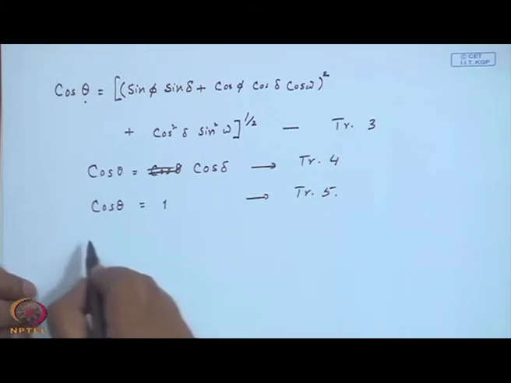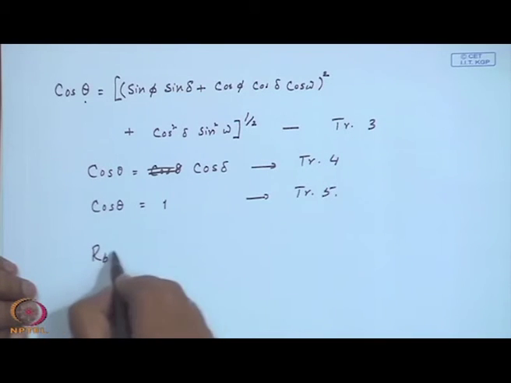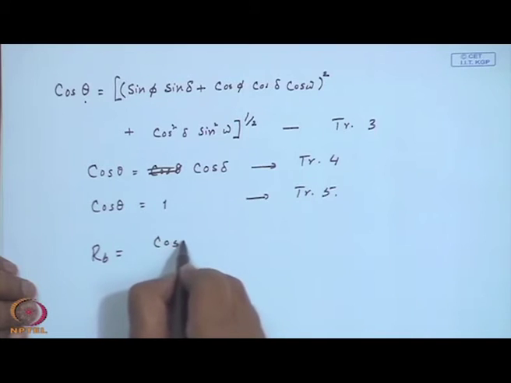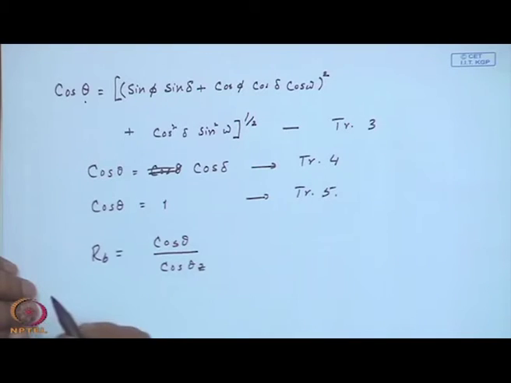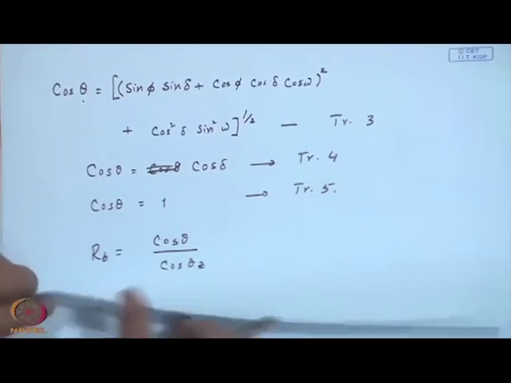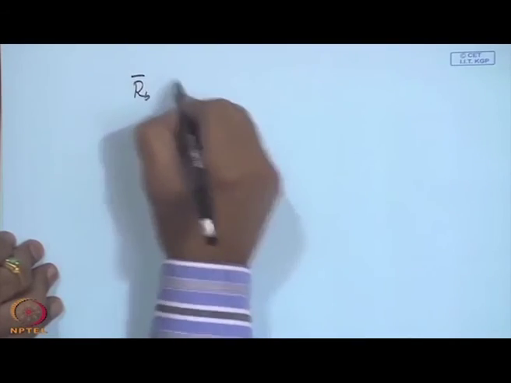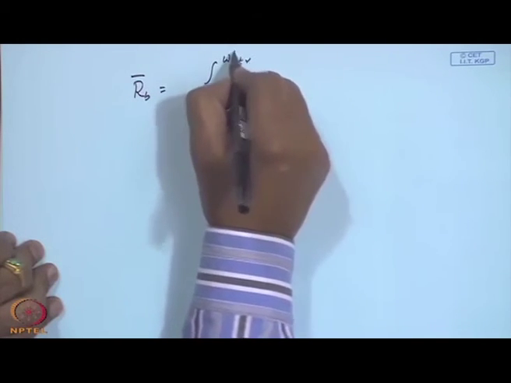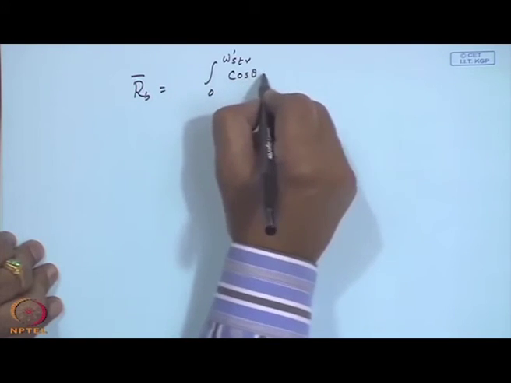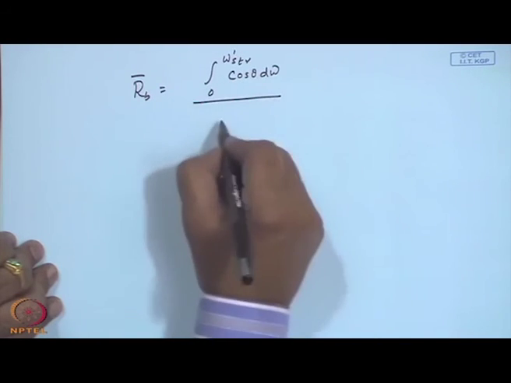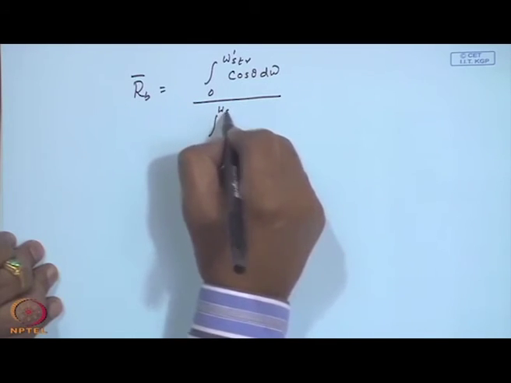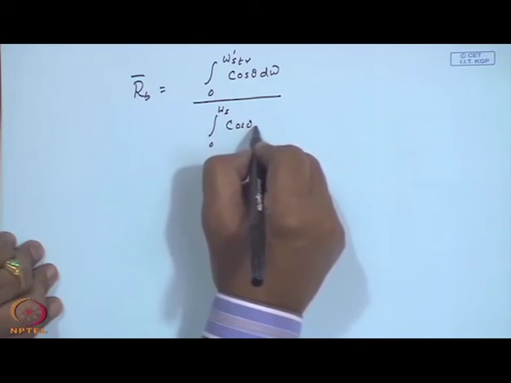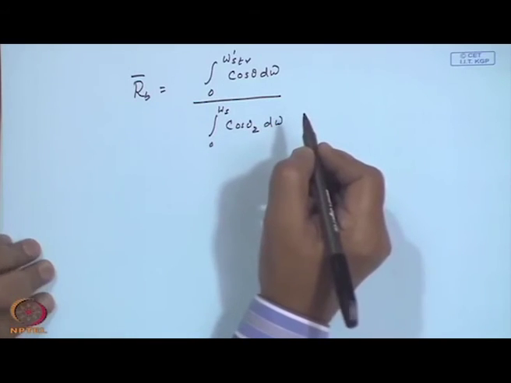So, I can now evaluate RB in general as cos theta by cos theta z depending upon the tracking mode, and RB bar as integral 0 to omega s t r dashed cosine theta d omega upon integral 0 to omega s cos theta z d omega.